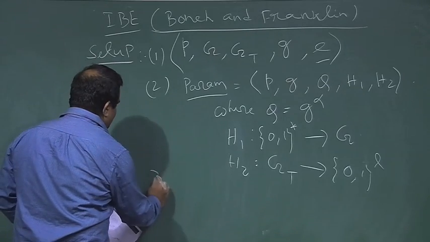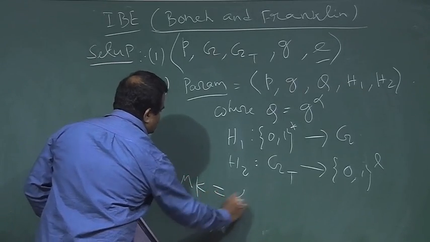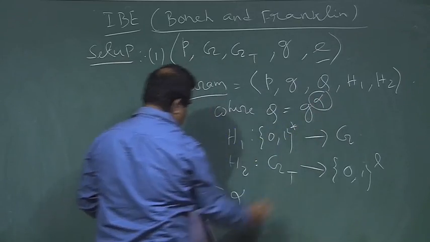This is the public parameter, and the master key is alpha.